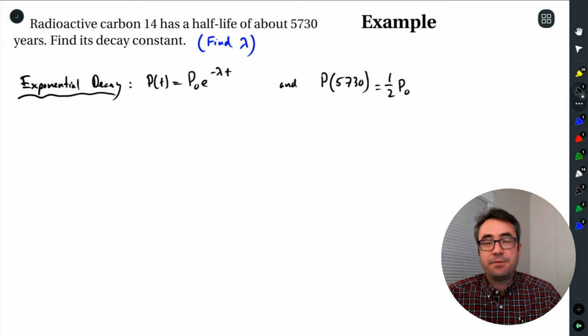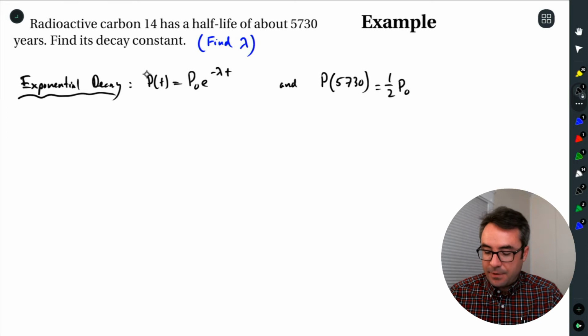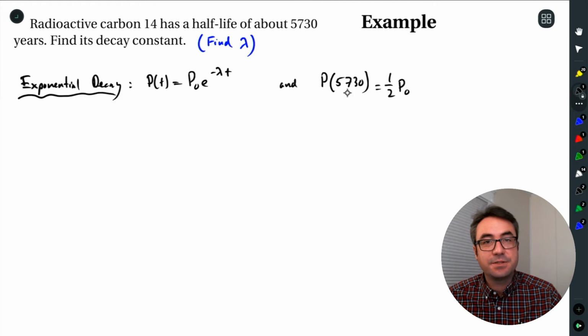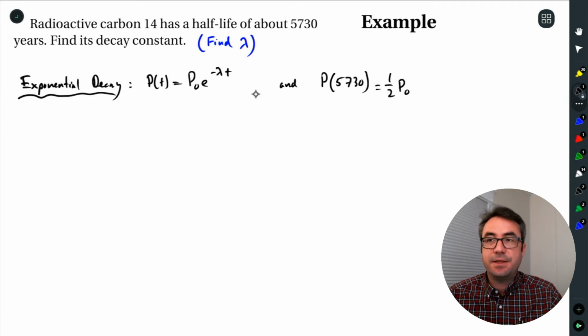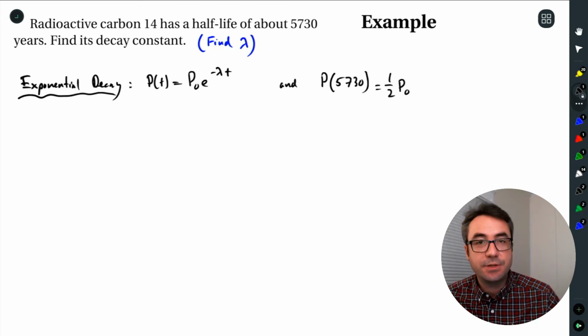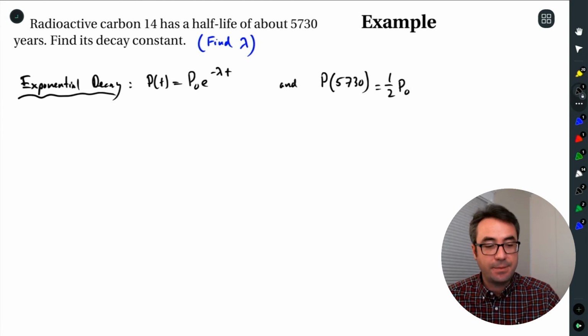All right, so we want to find lambda. We have our formula for P of t, and we know that P evaluated at 5,730 should be 1/2 our starting population. So we can set these two quantities equal to each other, and that'll give us an equation that we can then use to solve for lambda.